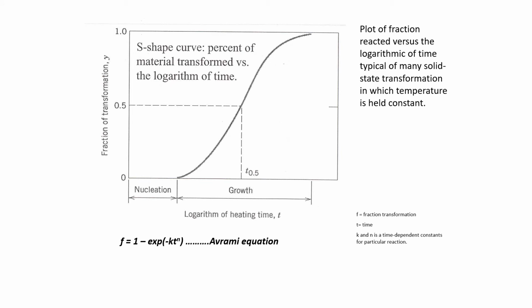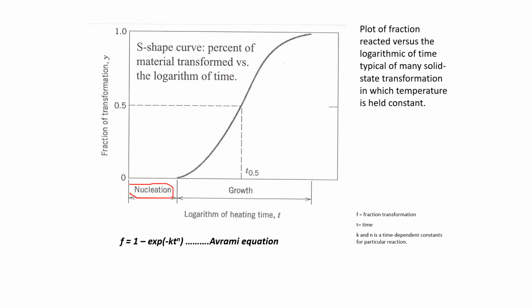This graph explains the formation of small particles until the formation is complete. The progress of phase transformation is broken down into two types.